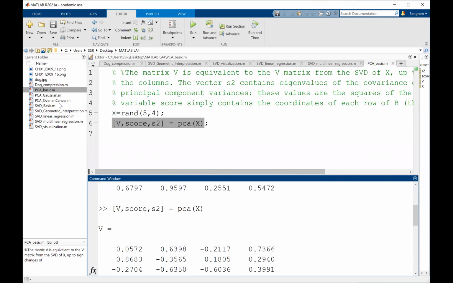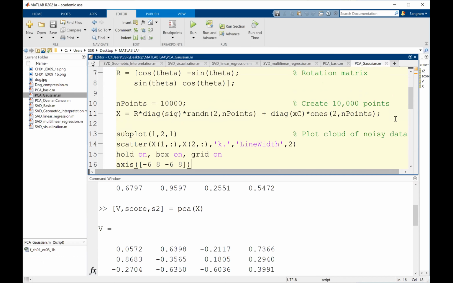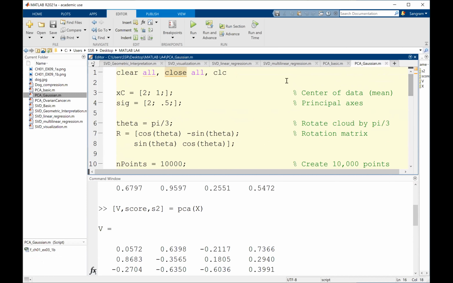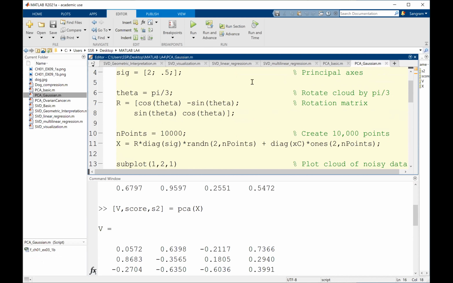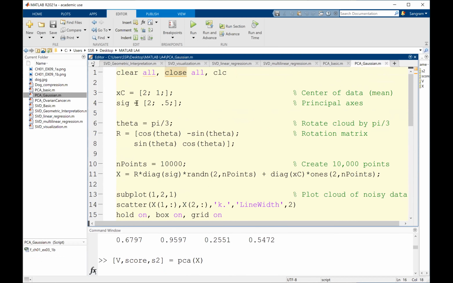So this would make sense. Everybody, are you able to run PCA? Were you able to get some results? Next, what I want you to try is PCA Gaussian. This shows you the geometric representation of PCA when you have Gaussian data. The only thing I want you to see here is that your variable has some noise.